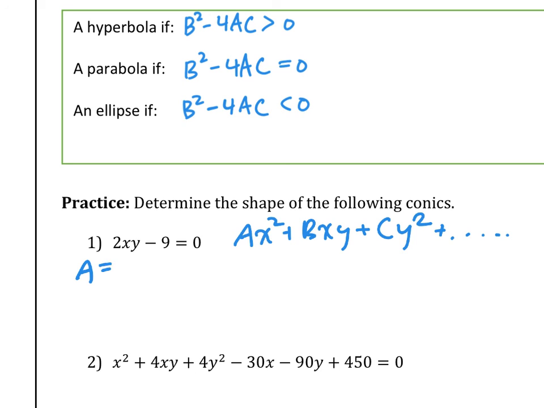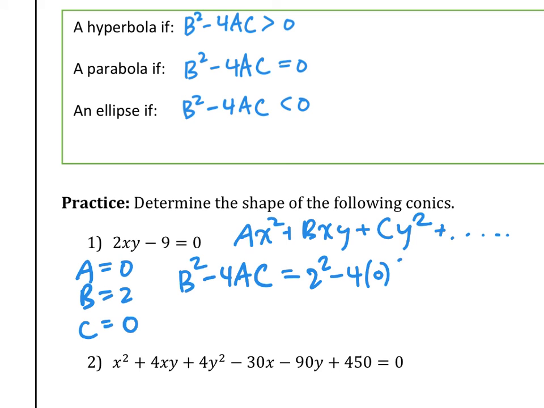A: there is no x squared term, so that's 0. B is 2 because that's bxy, or in this case 2xy. C: there is no y squared term, therefore 0. So b squared minus 4ac is 2 squared minus 4 times 0 times 0, so that is 4. 4 is greater than 0, therefore this is a hyperbola.